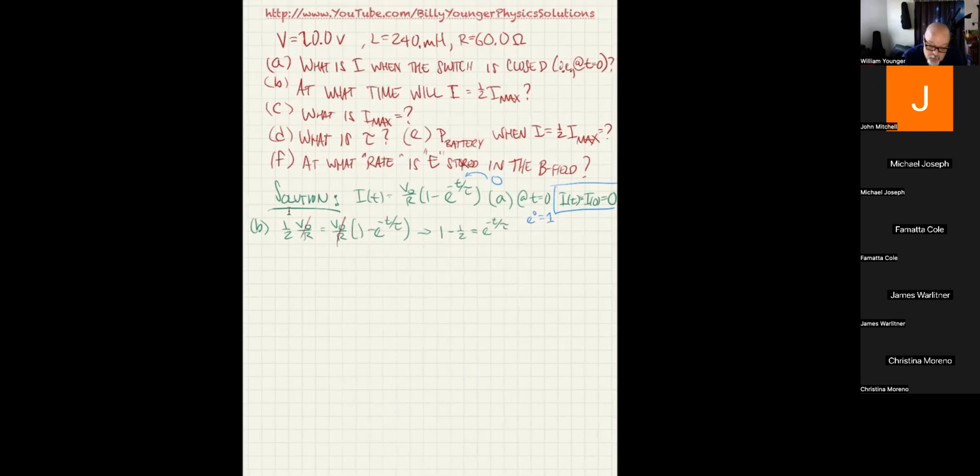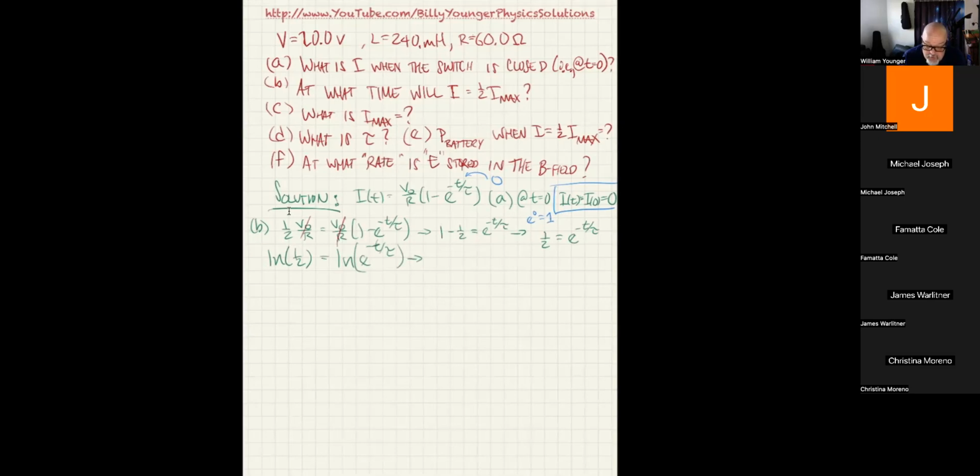So this is 1/2 is equal to e to the negative t over tau. I'm going to take the natural log of both sides. The natural log of 1/2 I happen to know is negative 0.693. And the natural log of e to the negative t over tau is just going to become the negative t over tau.